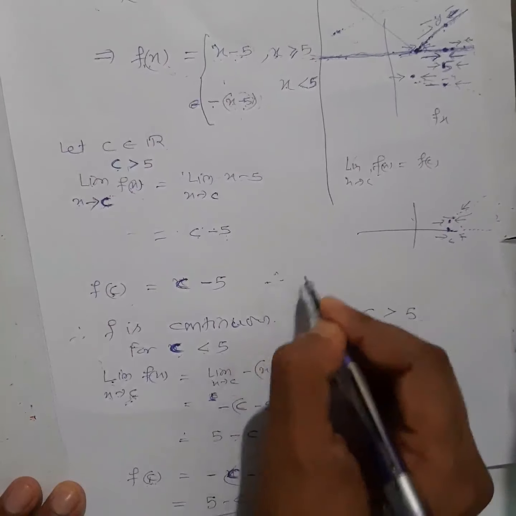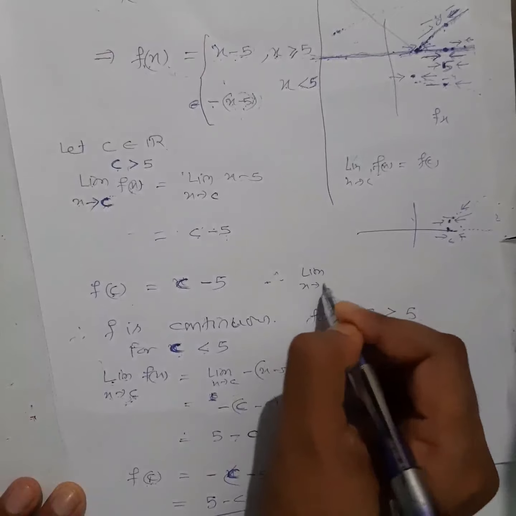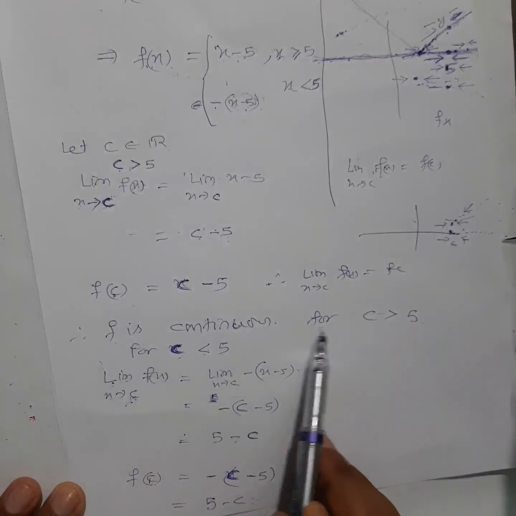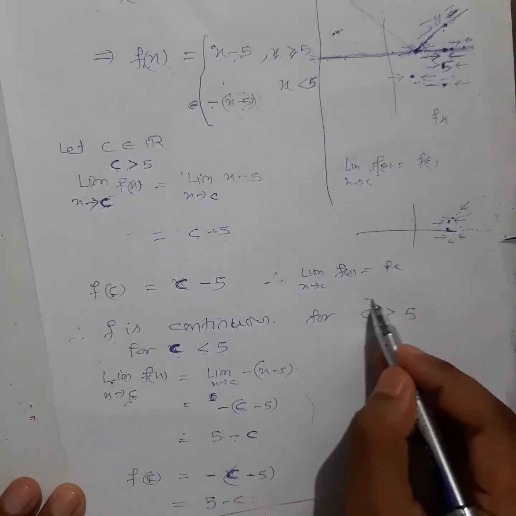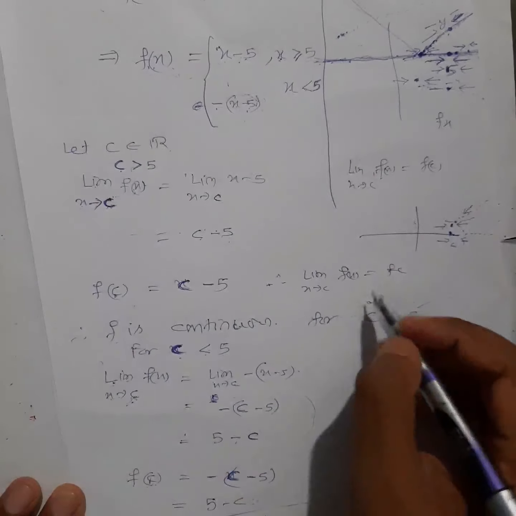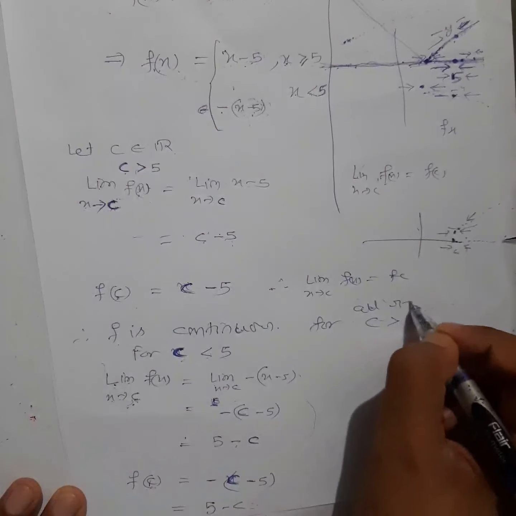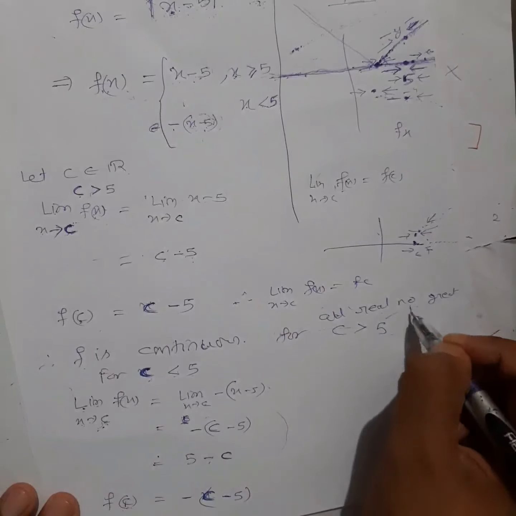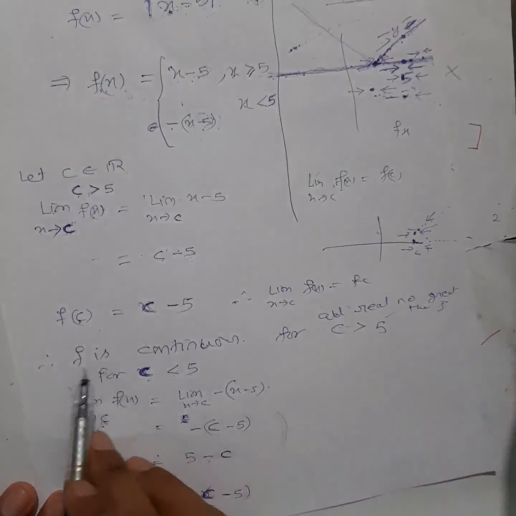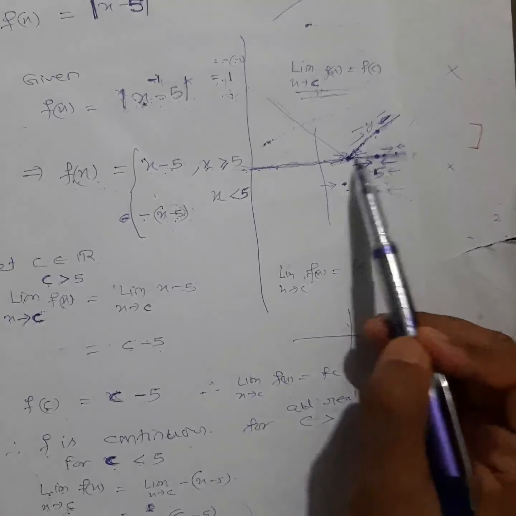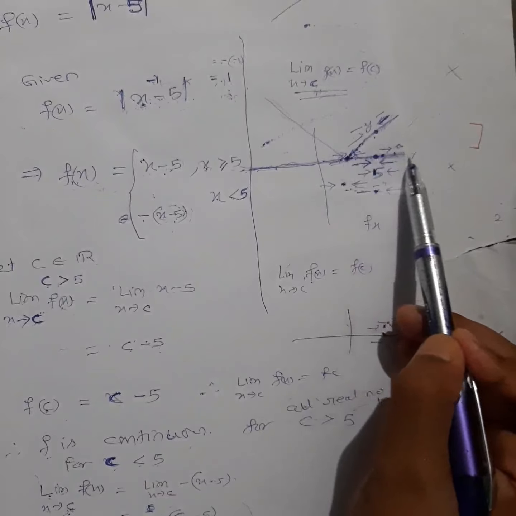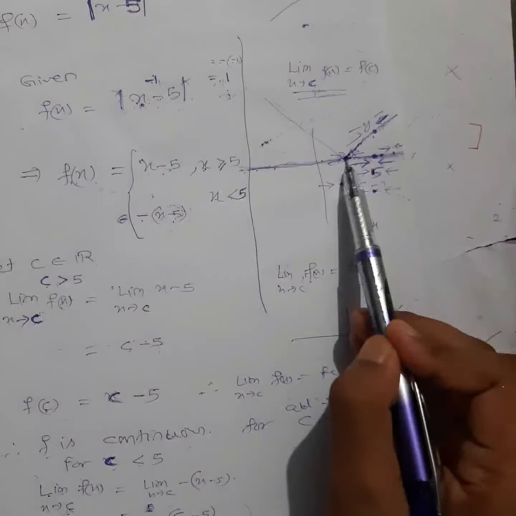Therefore, limit x tends to c fx, what did you get? F(c). So therefore f is continuous for all real numbers greater than 5. What does this mean? F is continuous for all real numbers greater than 5, means for all greater than 5 your fx is continuous, means the graph does not break. Okay, greater than 5. At 5 I didn't check till now.